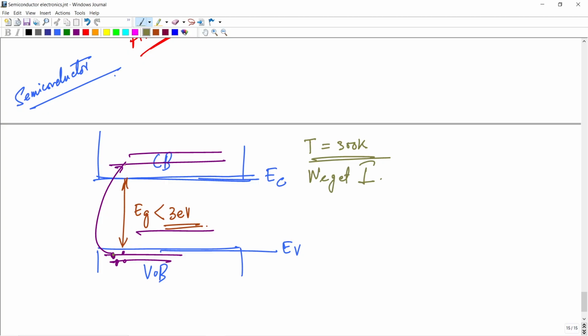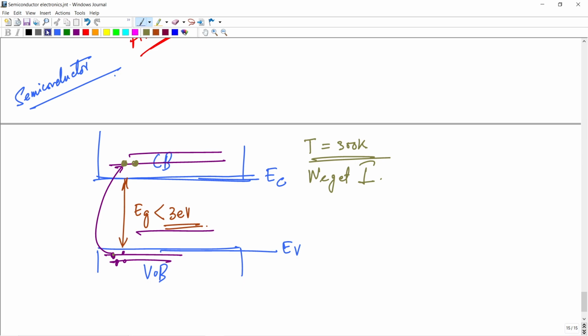When an electron is in the conduction band, that electron conducts electricity. Valence band electrons do not conduct electricity. The conduction band, as the name suggests, is filled with conduction electrons, and these electrons flow and are mainly the charge carriers. So you get some current.